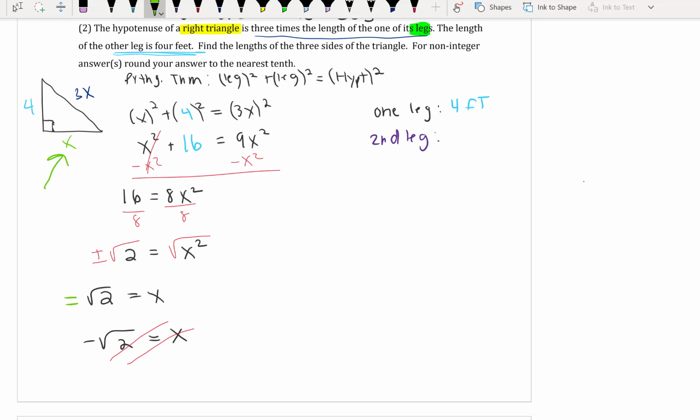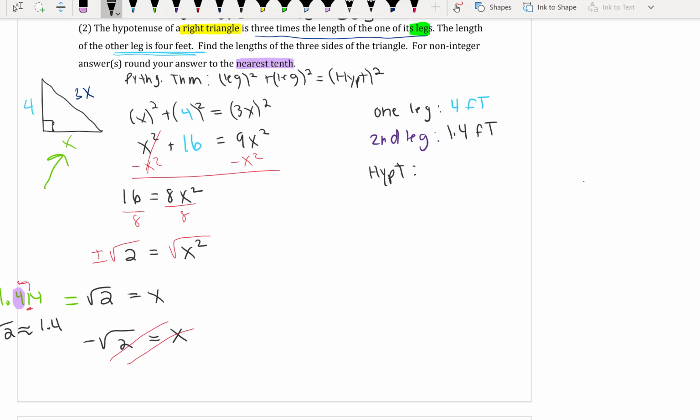So if I have the square root of 2, the decimal is going to be 1.414. And if I'm looking for the nearest tenth, that's here. So that tells me that that 1, I'm going to leave it alone. So I have that the square root of 2 rounded to the nearest tenth is 1.4. So 1.4 feet.